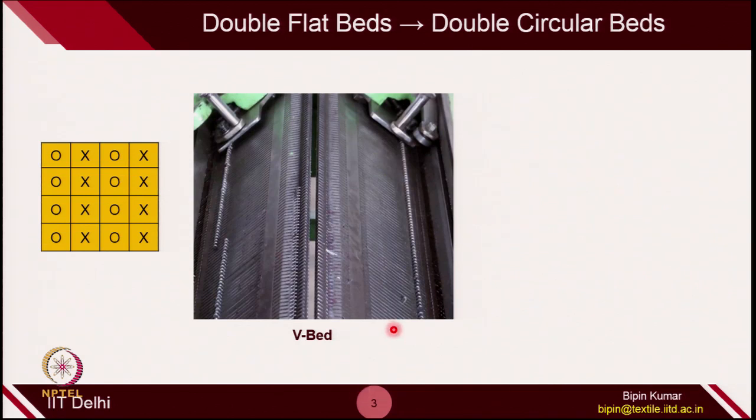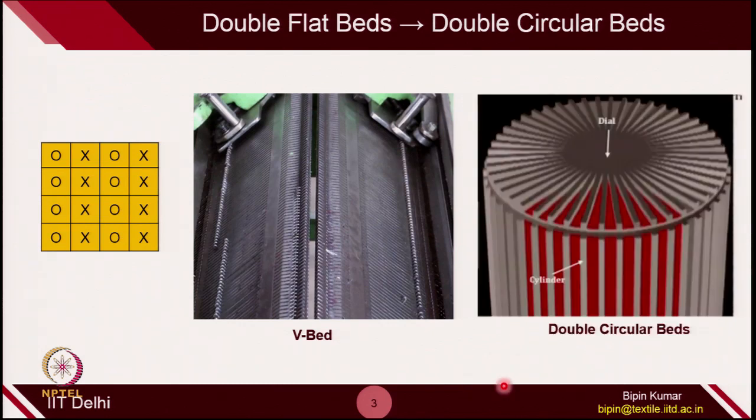The similar principle can be applied here, where one of the beds we rotate to create a cylinder for double circular beds. In the case of the other bed, we naturally have a different kind of arrangement, where you have a circular disc and the needles are placed in a radial direction.